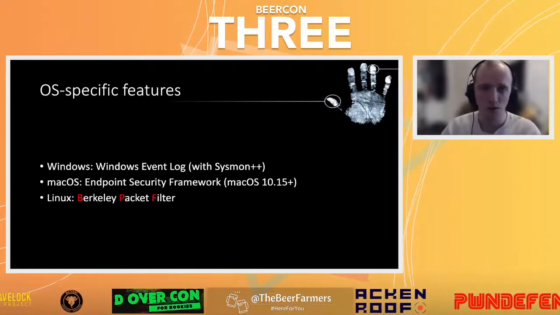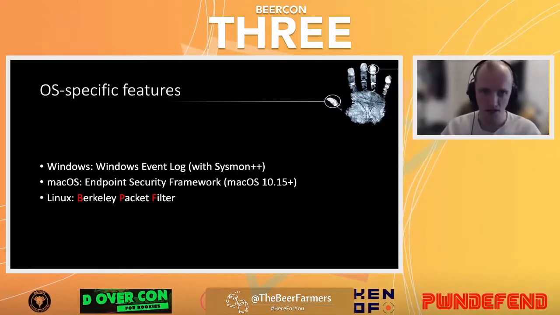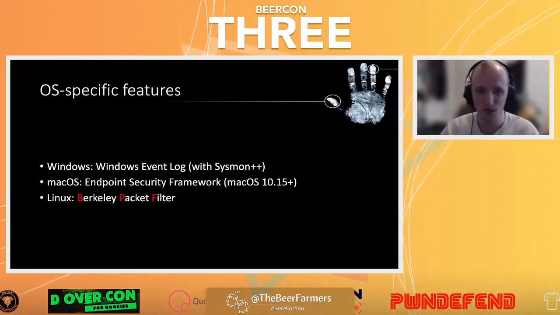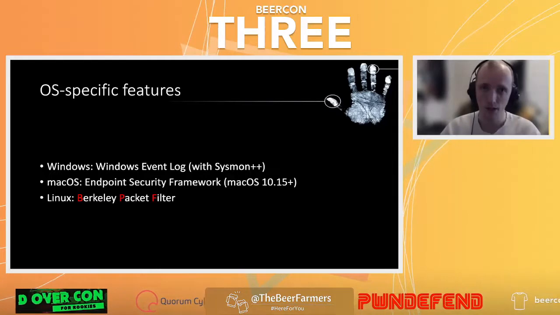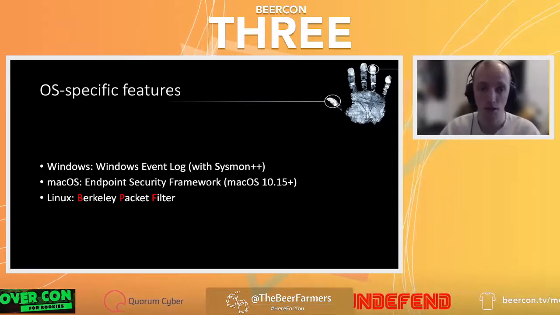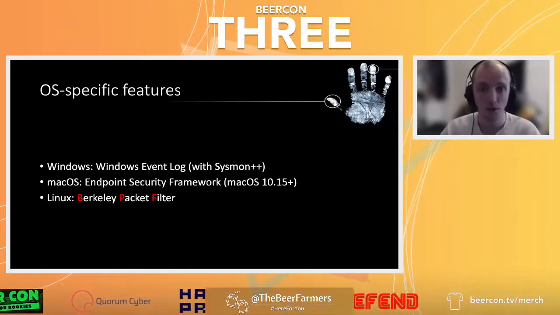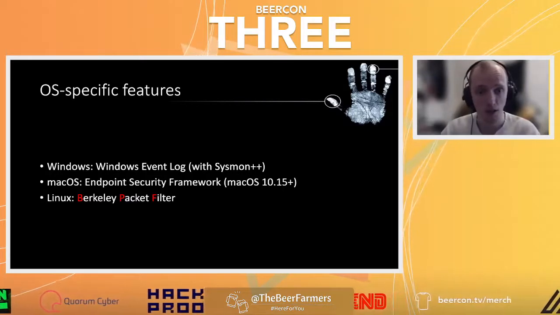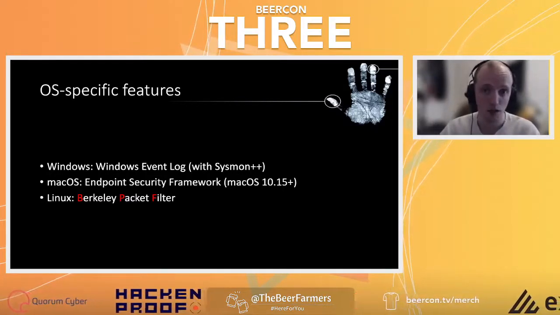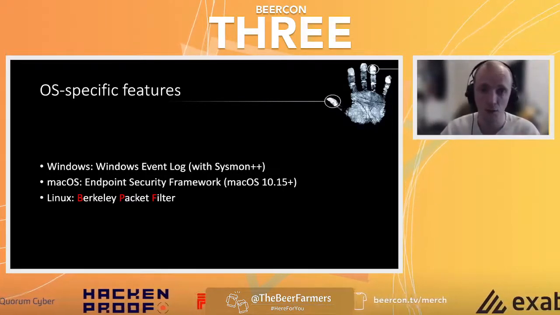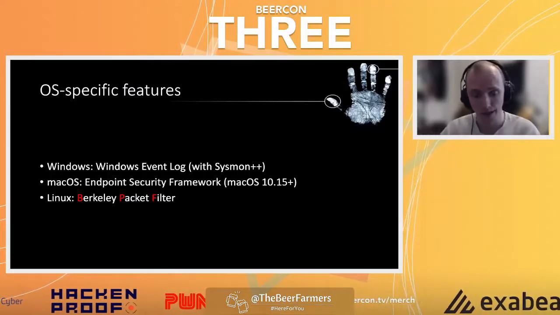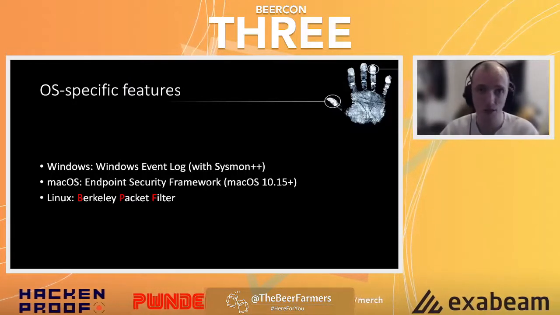Now, OSquery for certain operating systems has some specific features. For example, on Windows, it can tie into the Windows event log, which can become quite powerful because OSquery can parse the data in the Windows event log, and then you can query OSquery to get specific data from that event log.